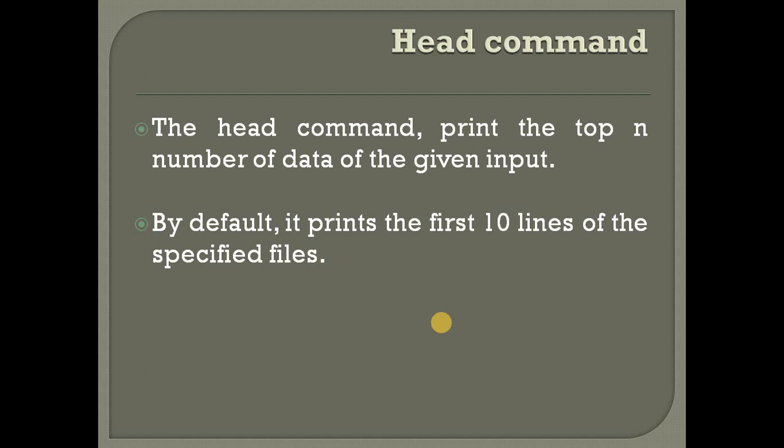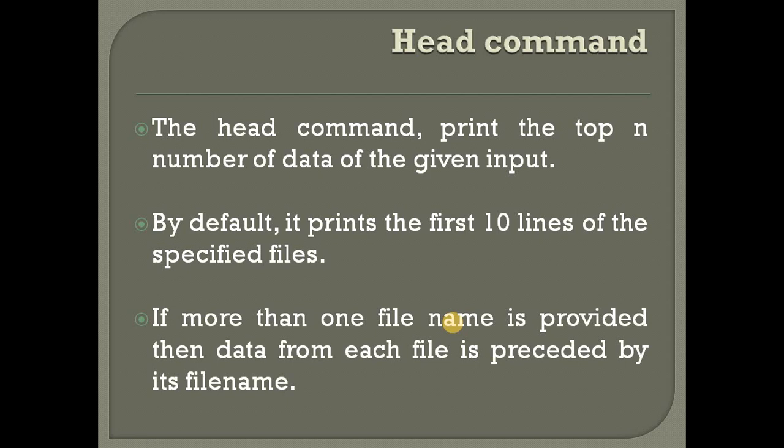Suppose our file is very big, it contains thousands of records and we want to see only the first 10 records of a particular file. We can use the head command to see this. If more than one file name is provided, then data from each file is preceded by its file name.